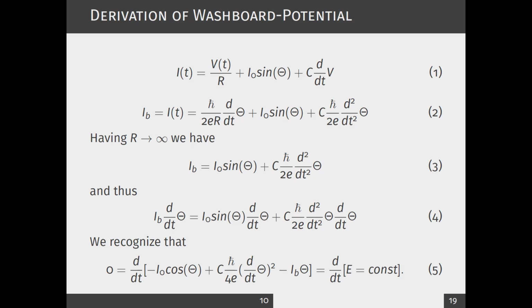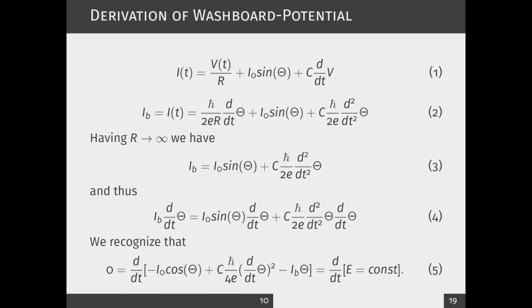So this is voltage over resistance, plus I sine theta, plus C d over dt V. We can rewrite it using this AC Josephson junction knowledge. Then this voltage is expressed by the derivative, so basically h over 2e d over dt theta is the voltage.